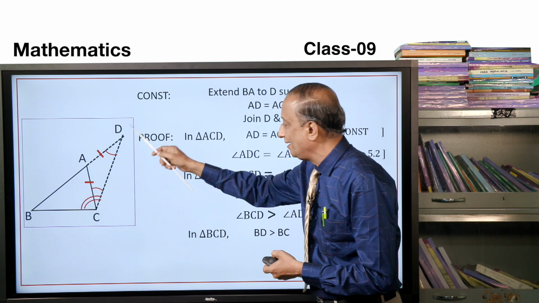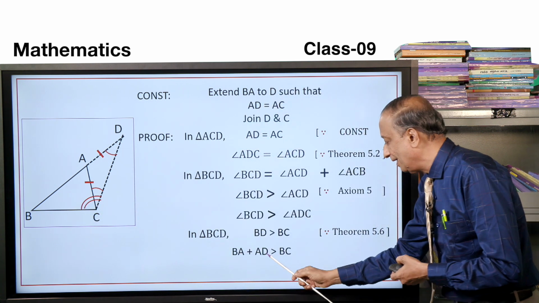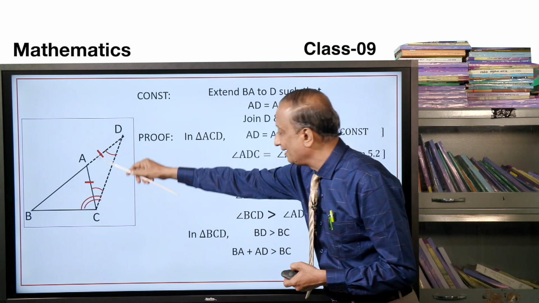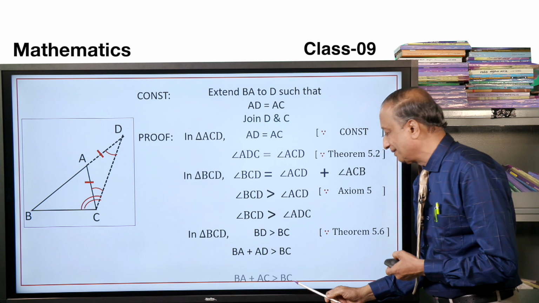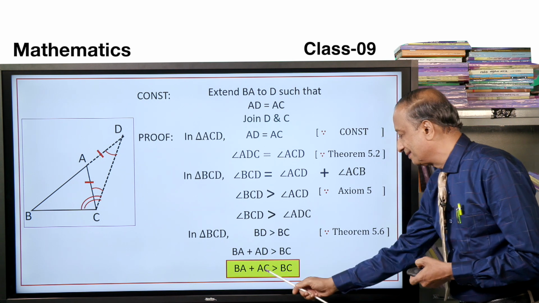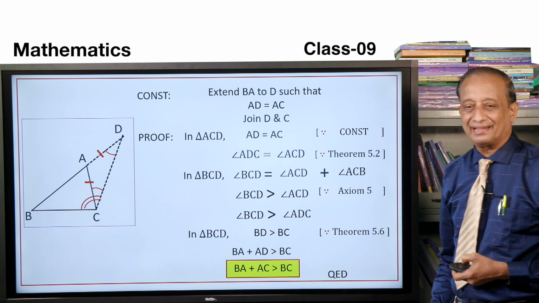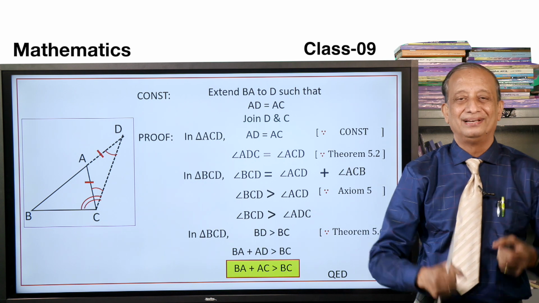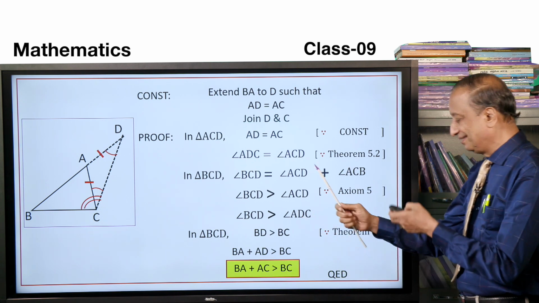Can we split BD as BA plus AD? BA plus AD is greater than BC. But AD and AC are equal. Therefore, in place of AD, we can write AC to get the required result. So, BA plus AC is greater than BC, which means that the sum of two sides of a triangle is greater than the third side.